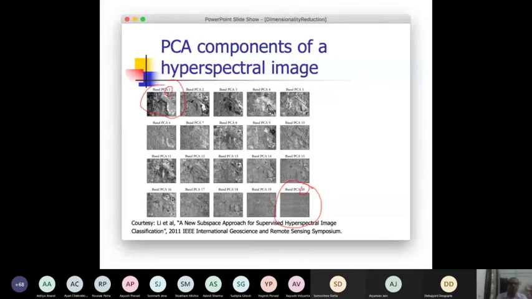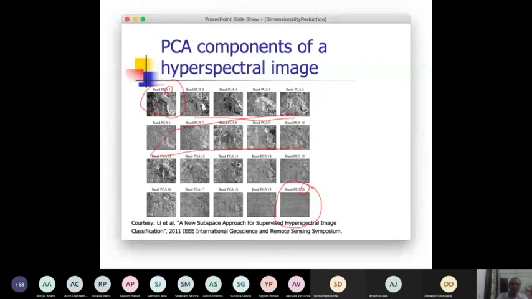So the principal components are arranged in this order, left to right, top to bottom. As you go in this order, you can see that the information content is reducing. By looking at the pictures visually also you can understand.